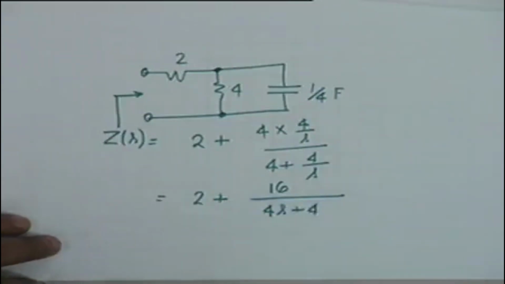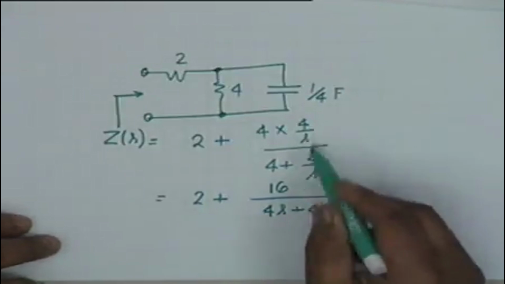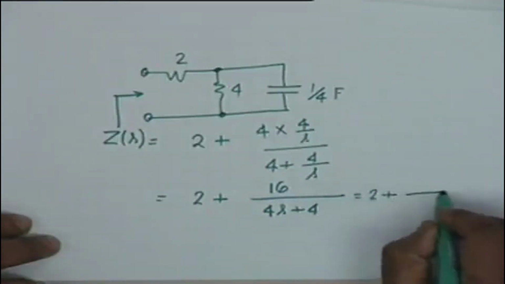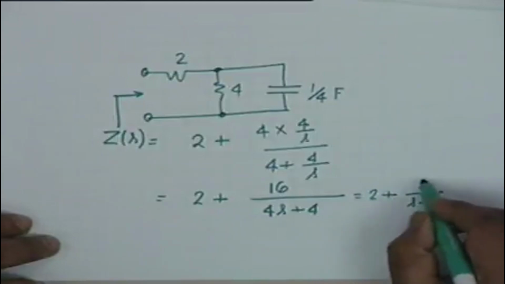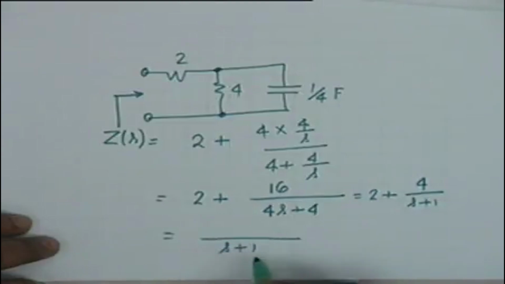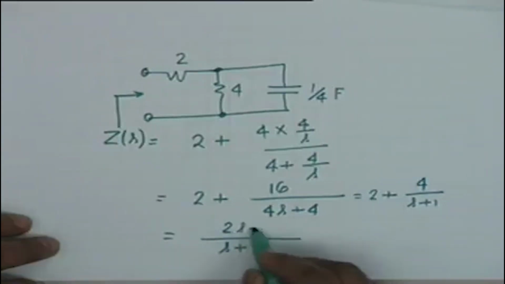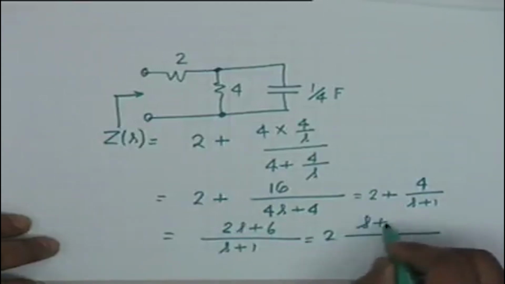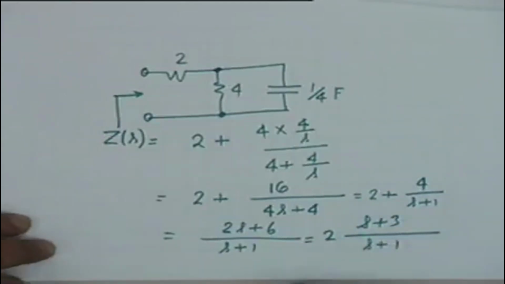I multiply by S, so 16 divided by 4S plus 4, which I can write as 2 plus 4 divided by S plus 1. Let me make it into a rational function: 2S plus 2 plus 4, so 2S plus 6. And I write this as 2 times (S plus 3) divided by S plus 1.